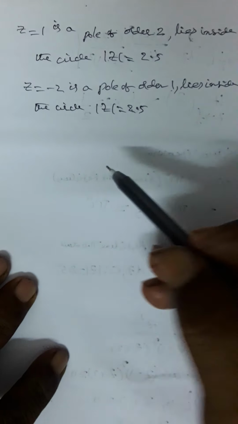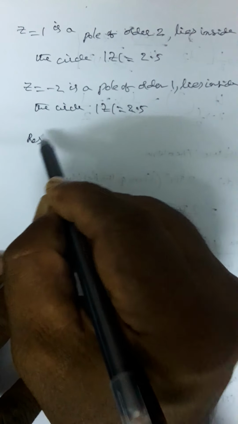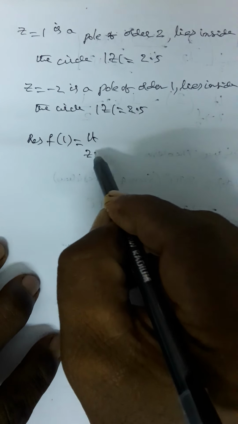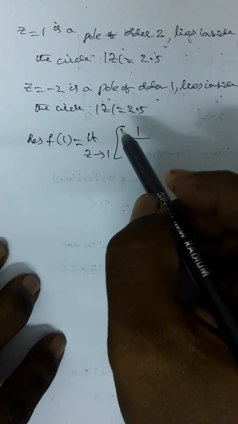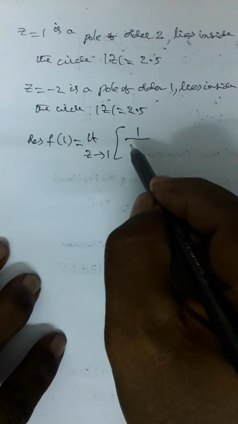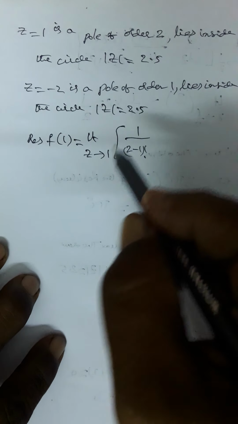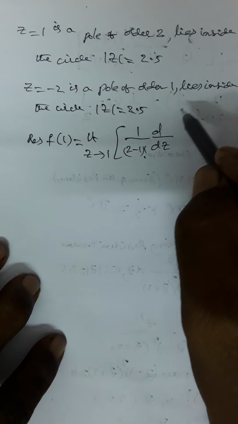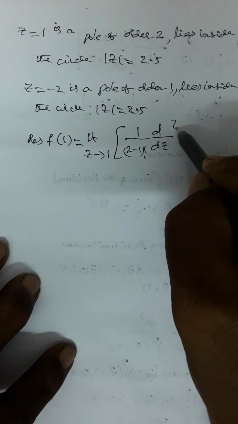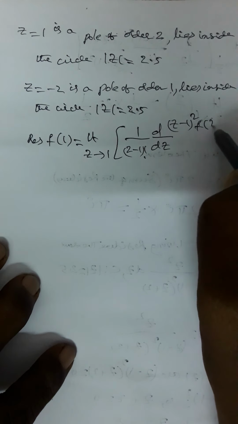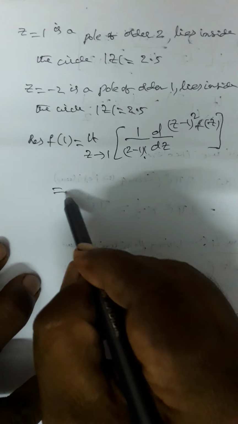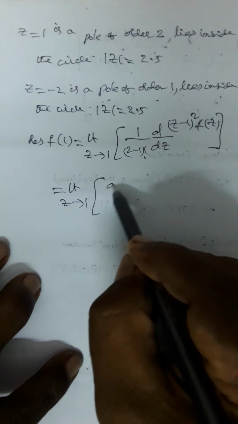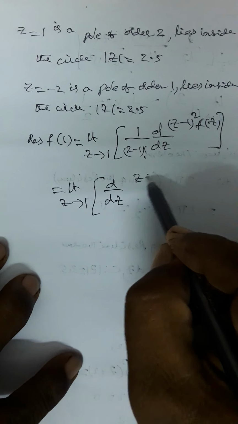Residue of f at 1: it is a higher order pole, so use result 2. The limit as z tends to 1 of 1 by (2 minus 1) factorial, d by dz of (z minus 1) whole square into f(z).